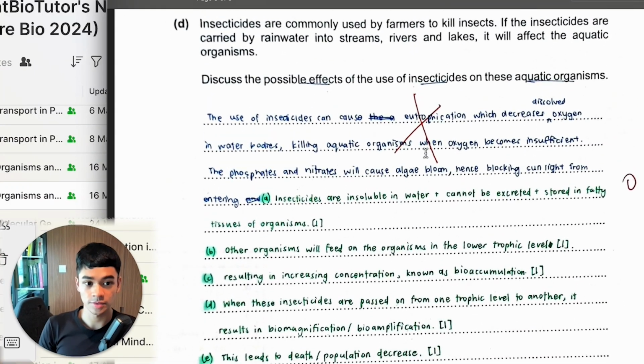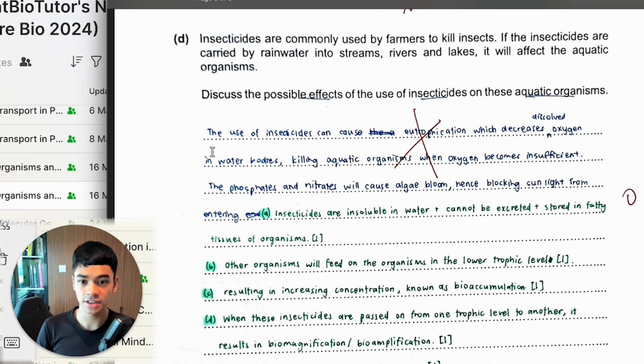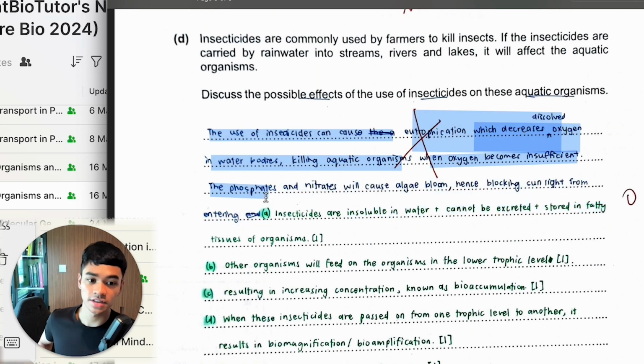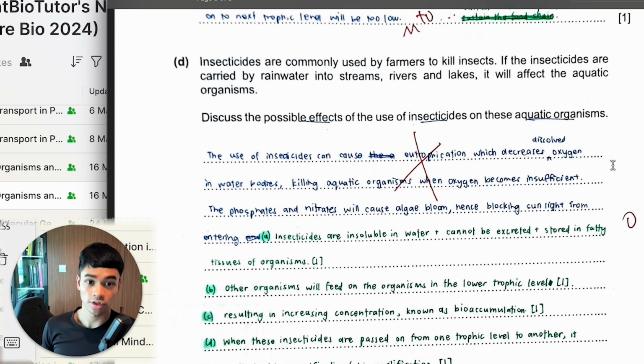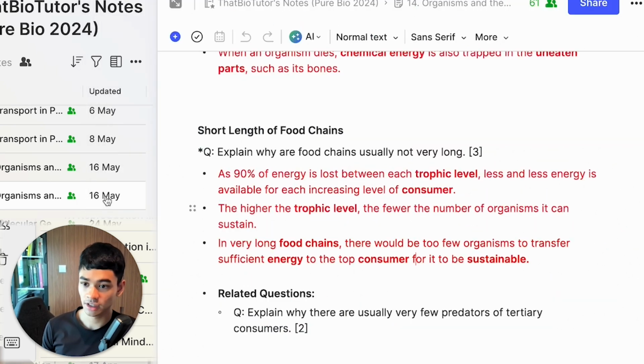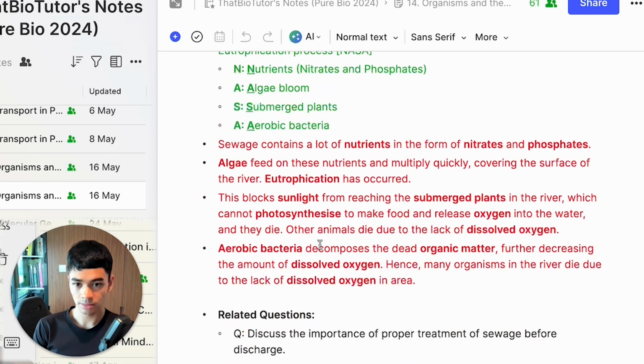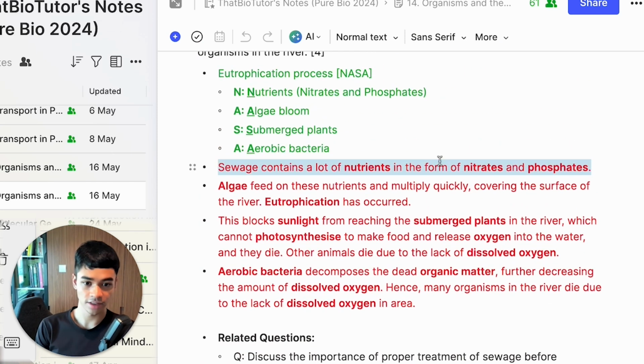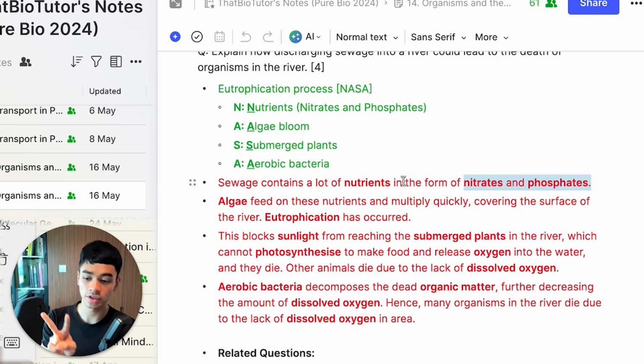Yeah, then here this question, right? So this was where he lost a lot of marks. And this is the explanation for eutrophication. But you see, eutrophication is when nutrients enter the system. So the nutrients are nitrates and phosphates. Where would we find this in two different question types?